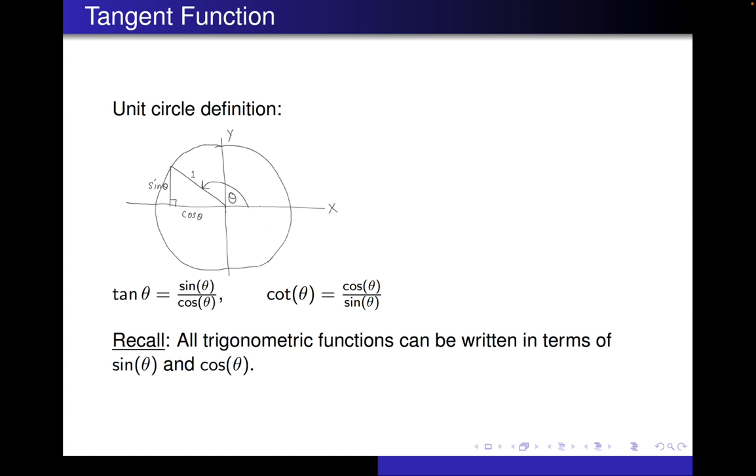Not just tangent and cotangent, but all the trigonometric functions can be written in terms of sine theta and cosine theta, as we noted when we were talking about all six of the trigonometric functions.